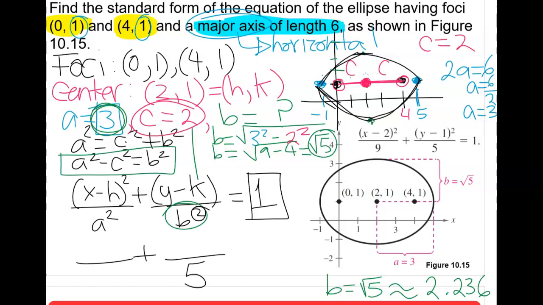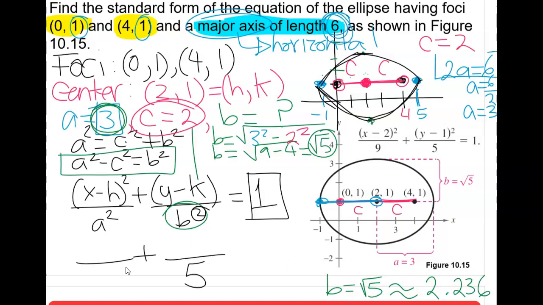So again, we have the distance from the focus to the center is equal to 2. That's the value for c. So here is 2, and that's the value for c. And then we had the distance from the center to the vertex was equal to 3, and we found that because we knew the total length was 6.